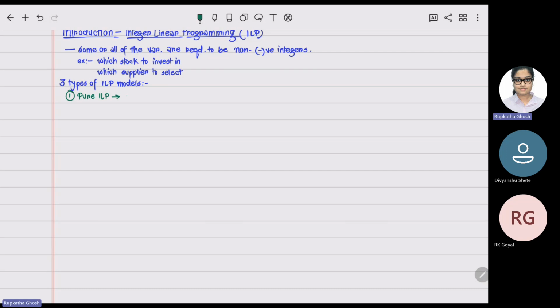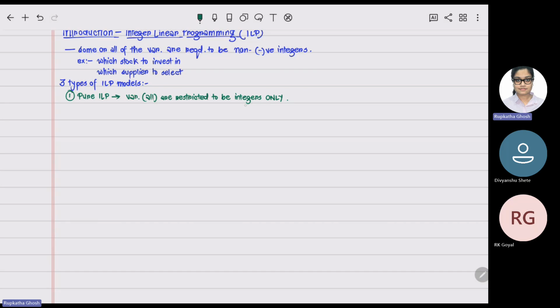An LP in which all the variables are restricted to be integers only. That is your pure ILP.